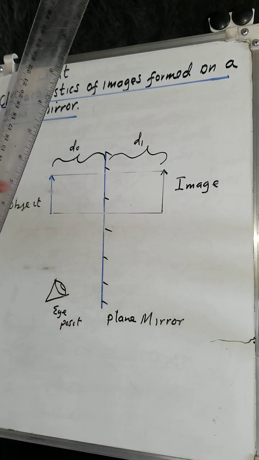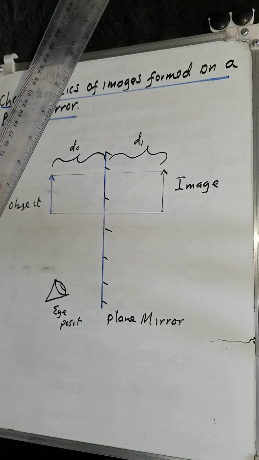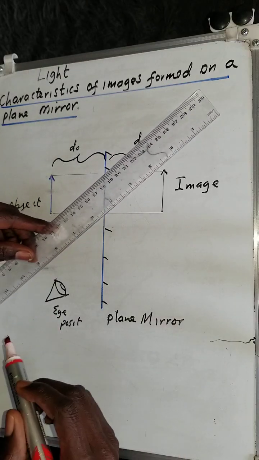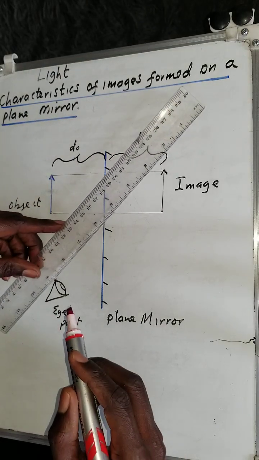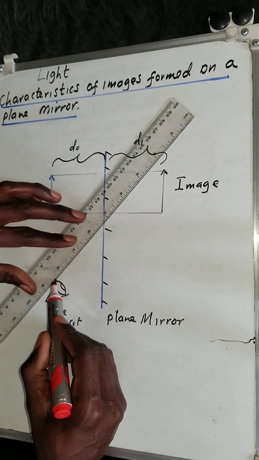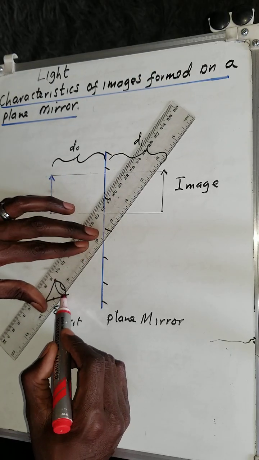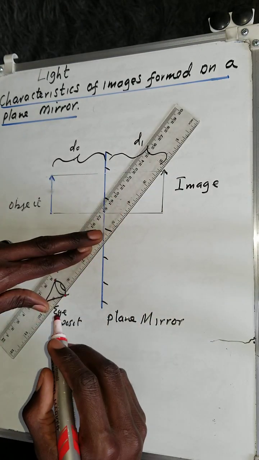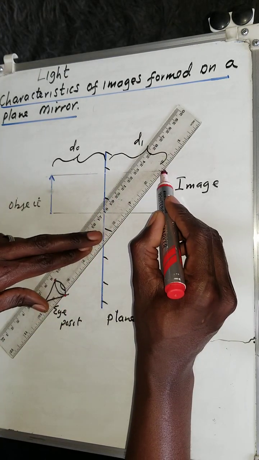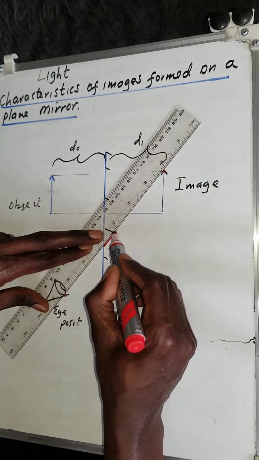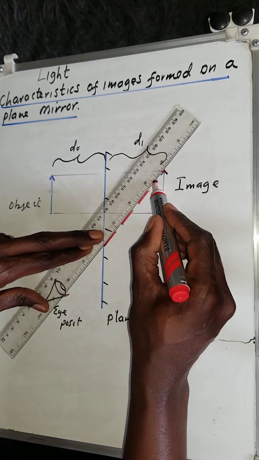So how do you go about drawing the diagram to show how a reflection is going to take place? You can use either this side or that side of the eye. For example, if I use this one, perhaps I'm looking at the topmost point of the object. It simply means you start from the image. Behind the mirror, remember, it's not real, so you use dotted lines.